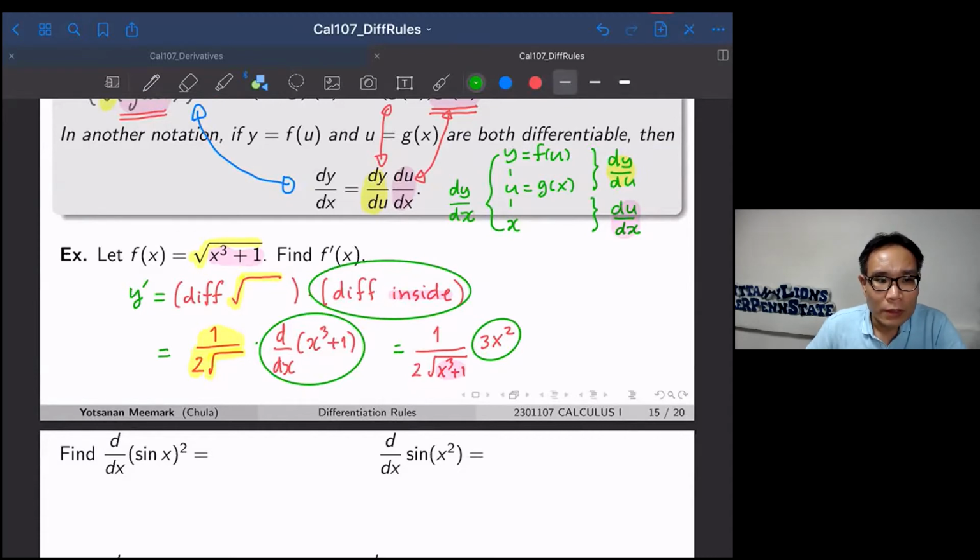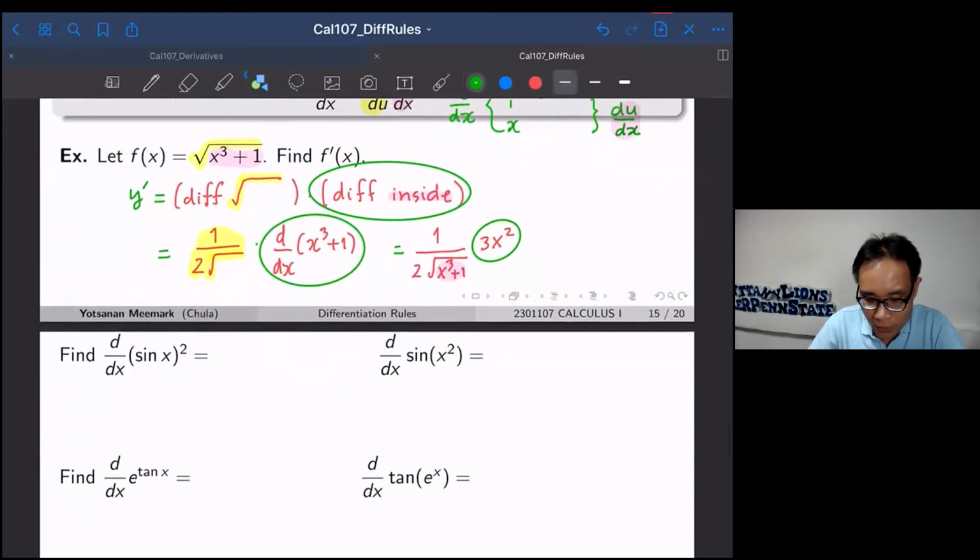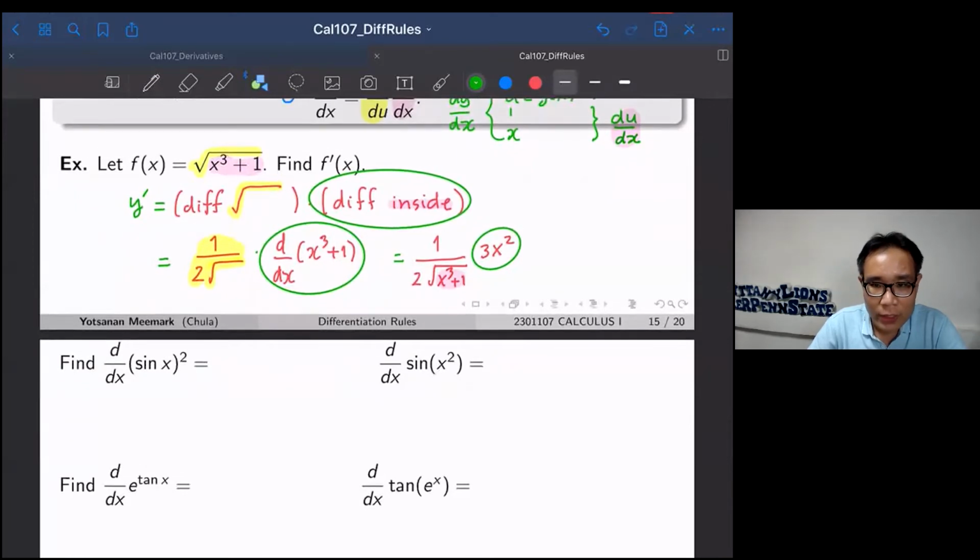For the next one, you'd like to find the derivative of sine x squared, okay, and the derivative of sine of x squared. So for this one, it's pretty simple that you have the outside is x squared and you have the inside is sine x. So you basically differentiate the outside, so it's gonna be what?